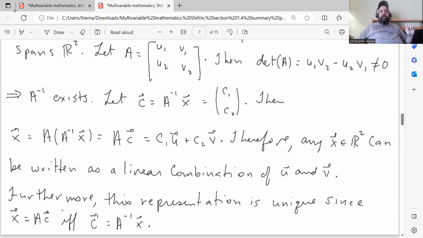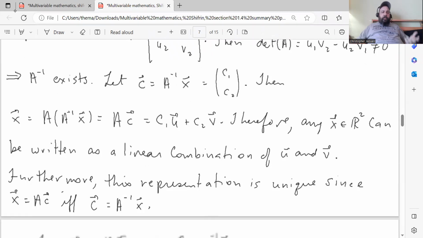And let's define C to be the vector defined by A inverse times x, so that has components c1, c2. Then if you take any arbitrary vector in R2, which I'm calling x, notice that that's equal to A times A inverse of x, because A times A inverse is the identity, and the identity times x is still just x.